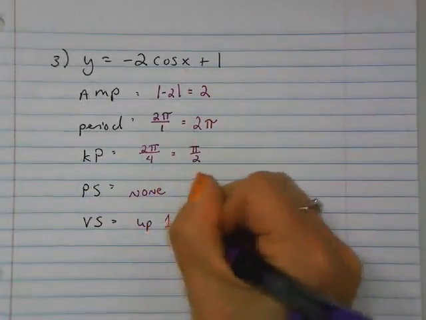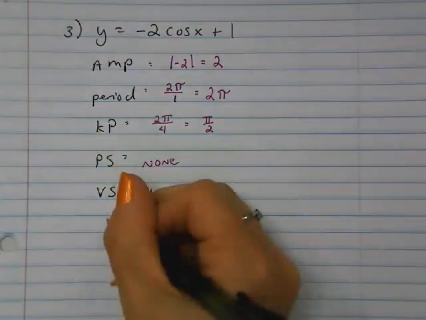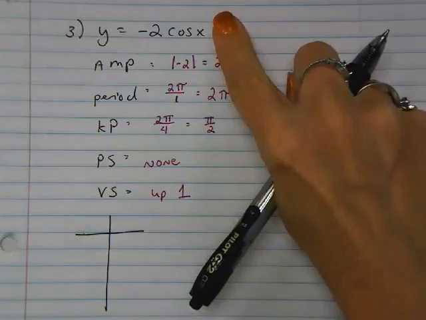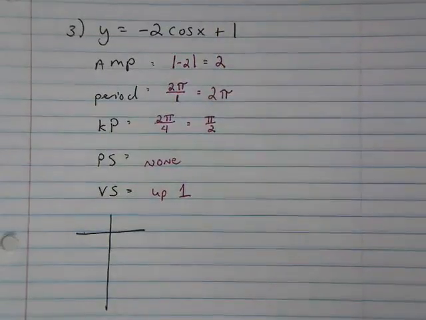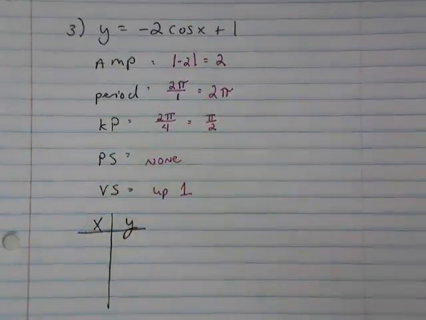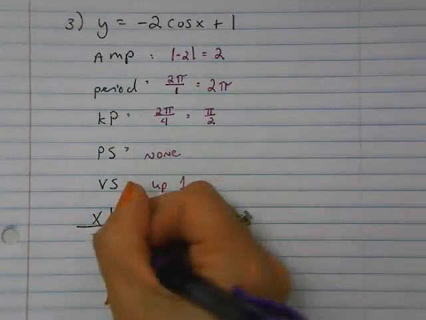Now there's really 2 ways to do this, the lazy way and the detailed way. I'm going to opt for the lazy way. So the lazy way says graph just that function and then do the shifting at the end. Alright, that's the way I'm going to do it. So I need my x and my y. So again, where does this one start if we have no phase shift? If we have no phase shift, we start at 0.